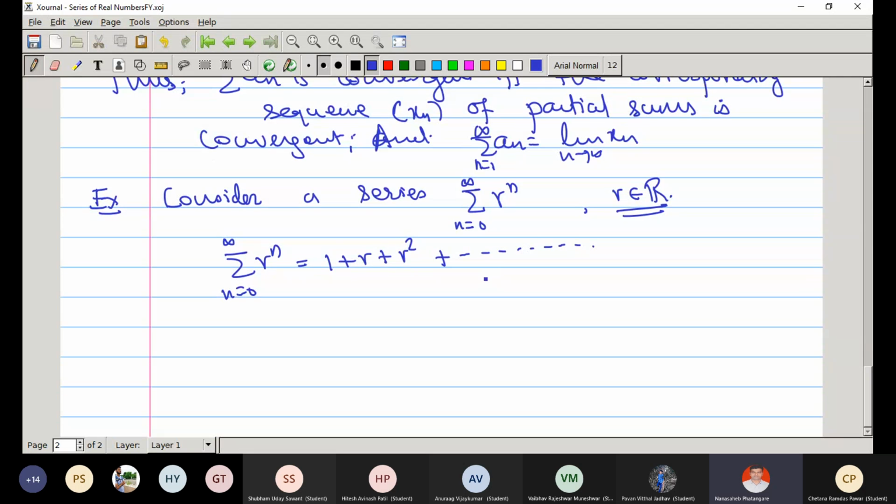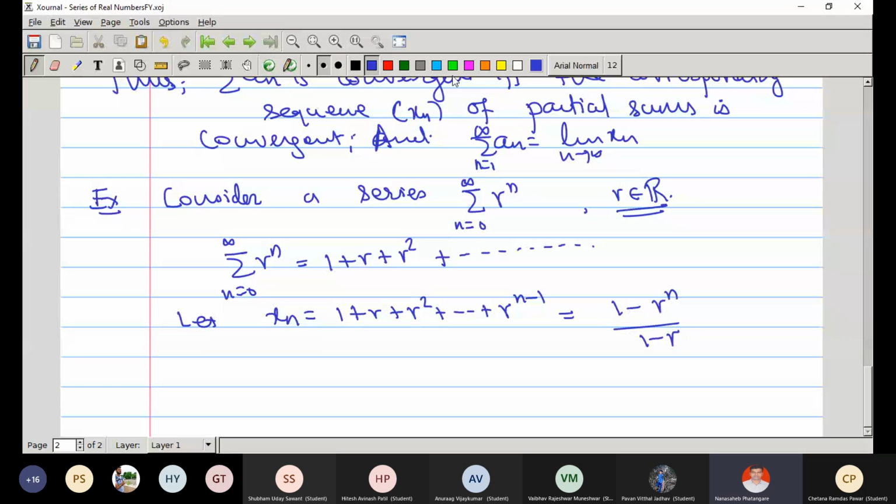So let us construct the sequence of partial sums. If I want to check whether this sum is finite or not, the first step is to look at the sequence of partial sums. So xn is 1 plus r plus r square up to r raised to n minus 1. What is the sum of these n numbers? It is 1 minus r raised to n upon 1 minus r. This is just our usual formula. Which formula are we using here?